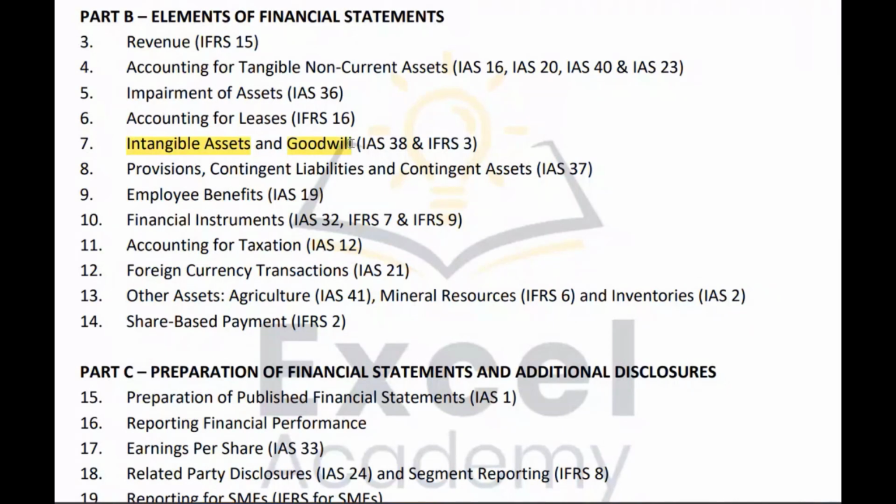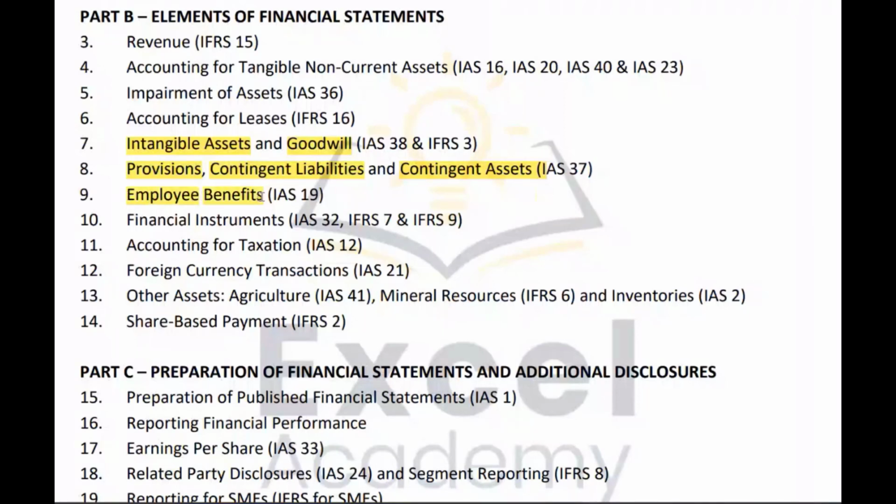Now we also have the standard which talks about provisions, contingent liabilities, and contingent assets. So this is a 3-in-1 standard, that's IAS 37. Then after that, we have employee benefits. This standard talks about employee benefits, that is IAS 19.